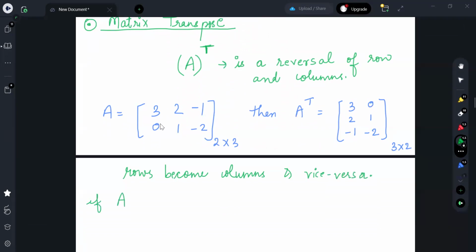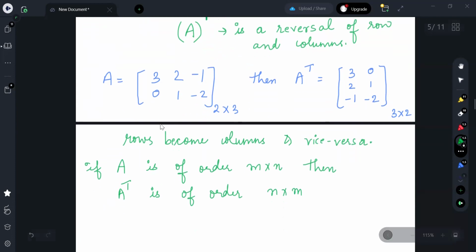If A is of order m by n, then A transpose is going to be of order n by m. So you kind of reverse the order as well, right?